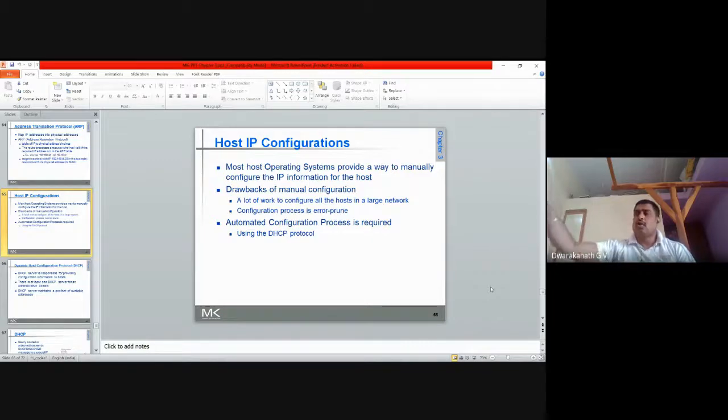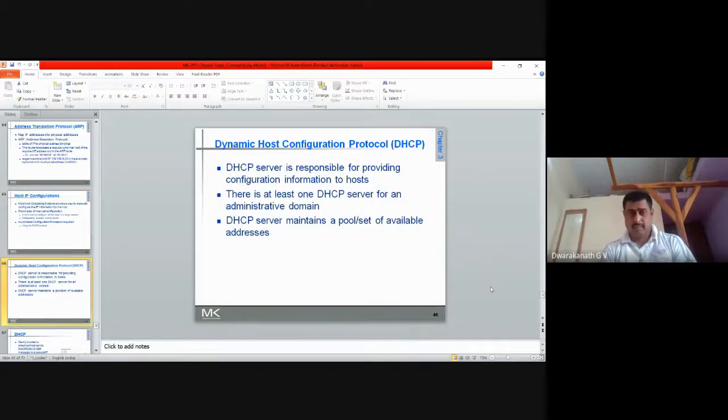That means out of the pool, it will take one IP address and allocate it to you at that particular moment. Once you log out, that IP address will be released and thrown back to the pool. In this way, the DHCP protocol will work.